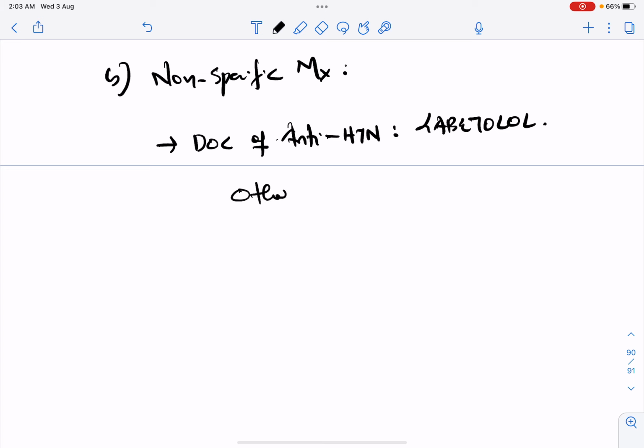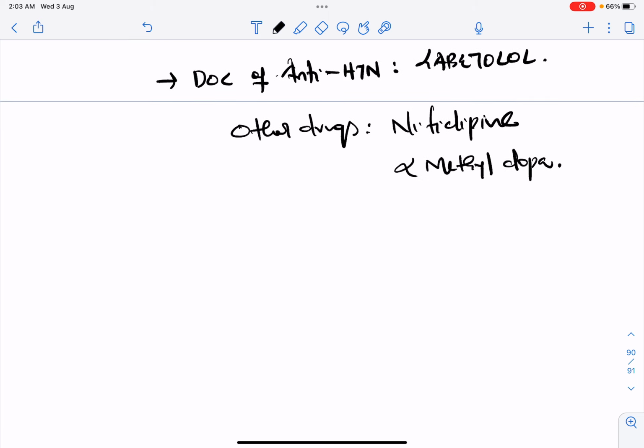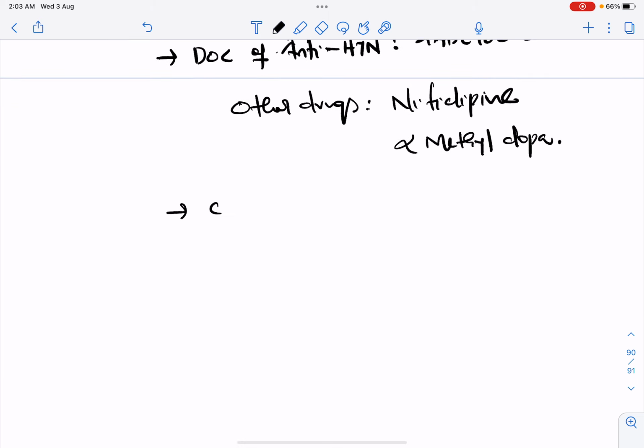Your other drugs include nifedipine and alpha methyldopa, okay. But certain drugs are contraindicated in pregnancy. They are nothing but ACE inhibitors and ARBs, okay. Angiotensin converting enzyme inhibitors and angiotensin receptor blockers are contraindicated due to teratogenicity, okay.